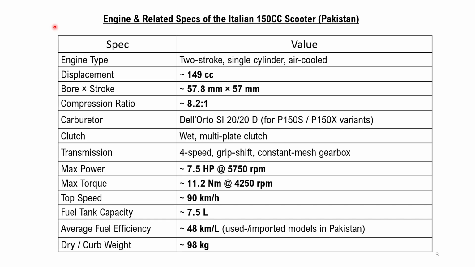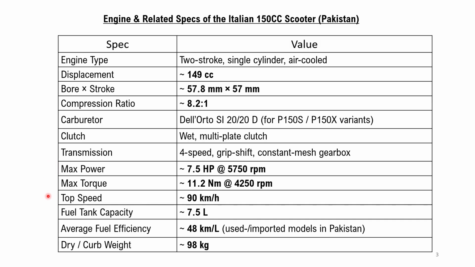Bore multiplied by stroke is 57.8 millimeter by 57 millimeter. Compression ratio is 8.2 to 1. Then carburetor, clutch, transmission is 4-speed. Maximum power is 7.5 horsepower at 5750 RPM.